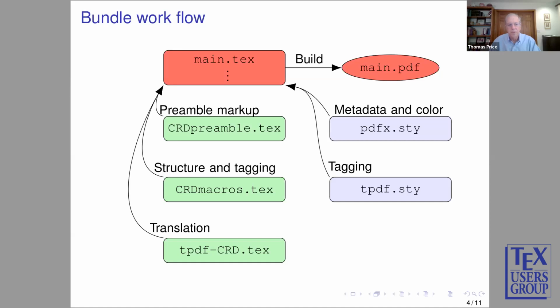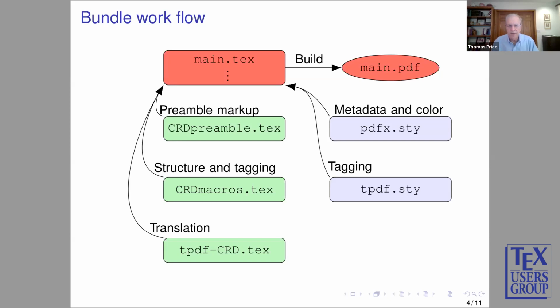The next one, the structure and tagging file, or the macros file, handles all tagging issues. And it does so by keeping the document so that it doesn't mess up the typesetting protocol requirements that we have for these types of documents.